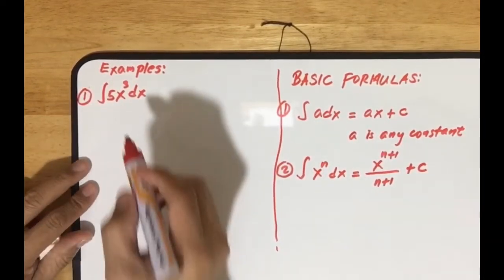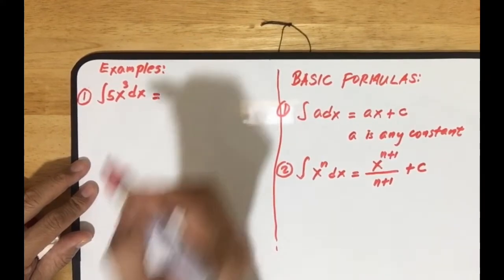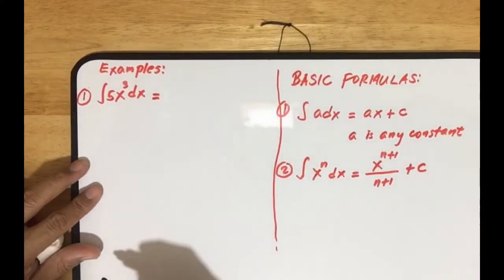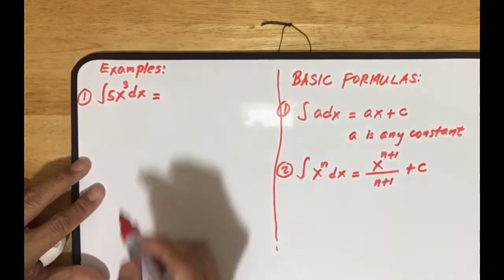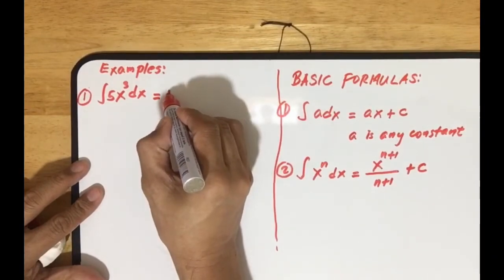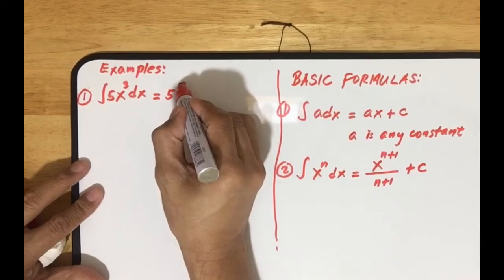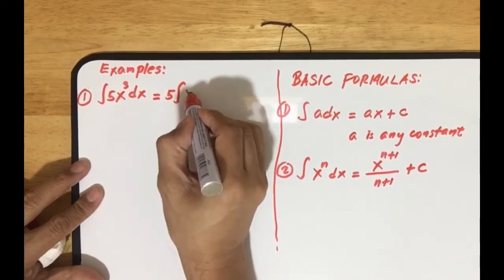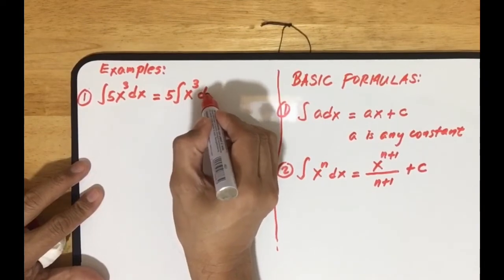As mentioned in our previous discussion, if you have a combination with a constant, you just isolate the constant. So put the constant 5 outside the integral sign, and then you have x cubed dx.